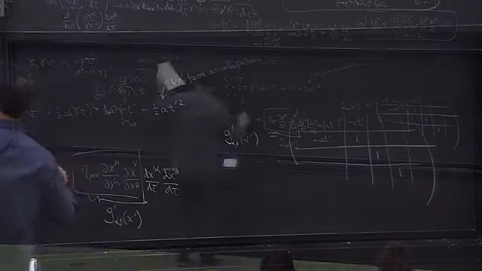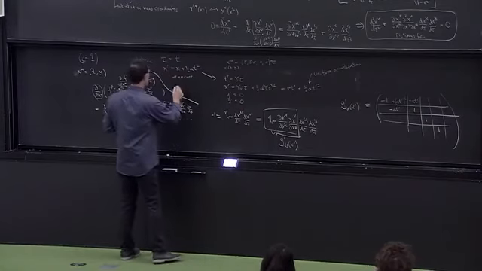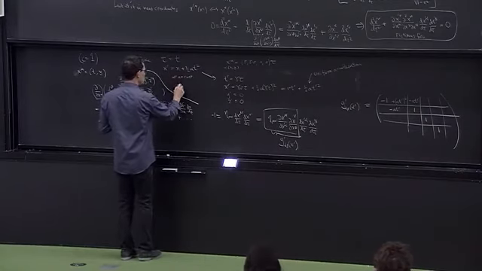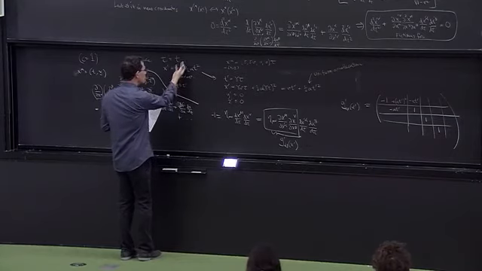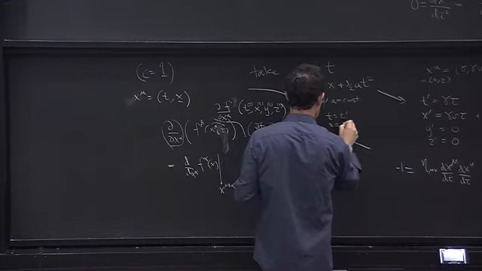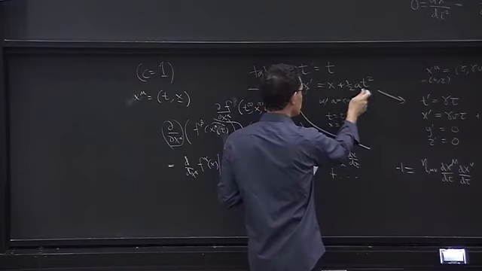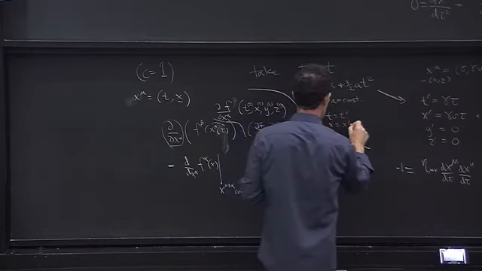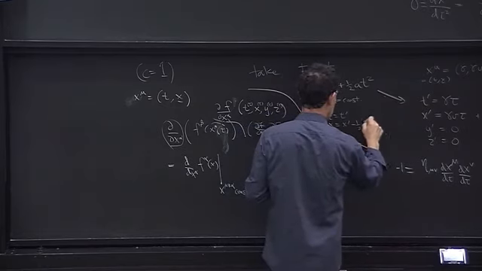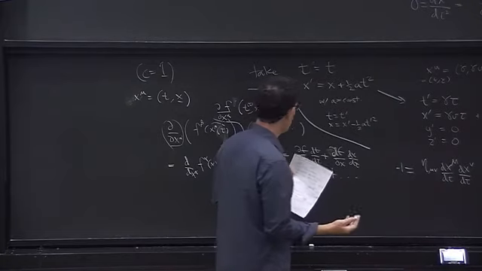This is x prime as a function of x. I need x as a function of x prime. That's easy, because I've got t equals t prime. But here I've got x is equal to x prime, I pull this over to that side, and then notice that t is t prime, so minus 1/2 a t prime squared. Okay, that's the inverse coordinate transformation.